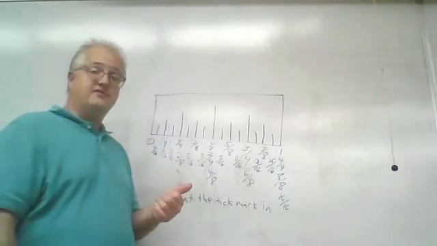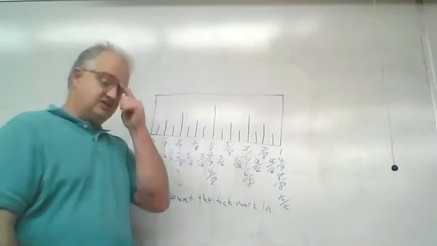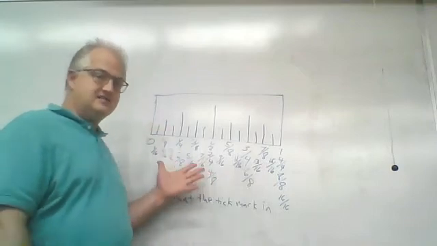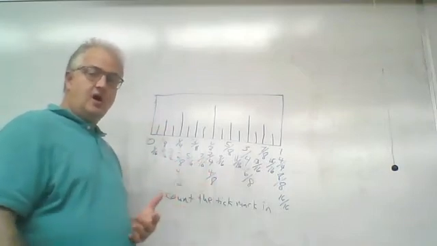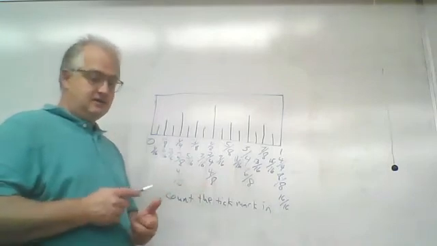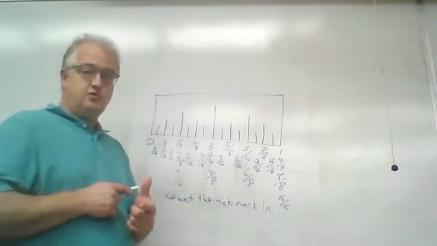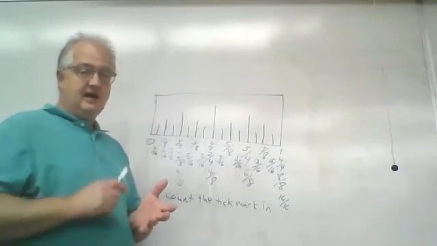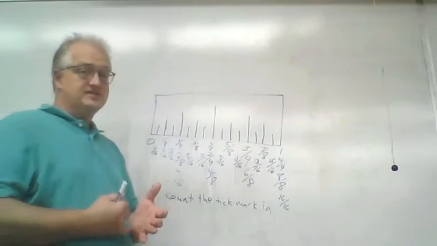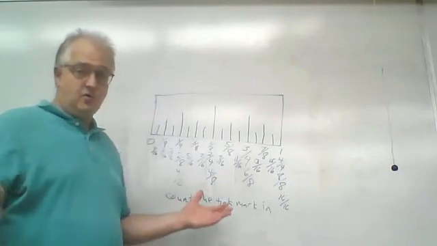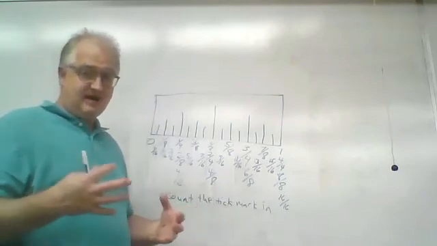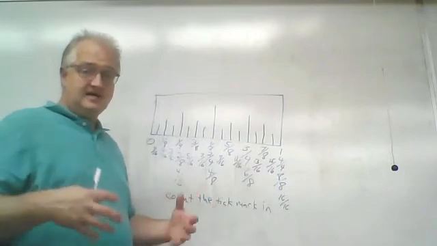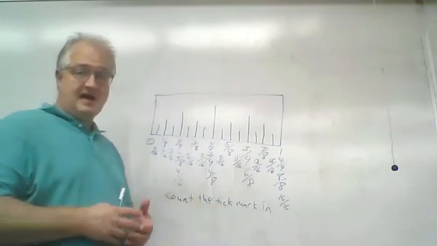Here's a couple of other clues for you. On this fraction of the inch, your denominator is only going to have a 2, a 4, an 8, a 16, a 32, or a 64. Those are the only denominators in those fractions that we're going to have.